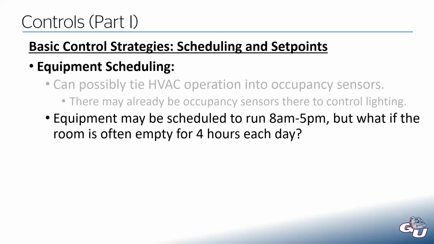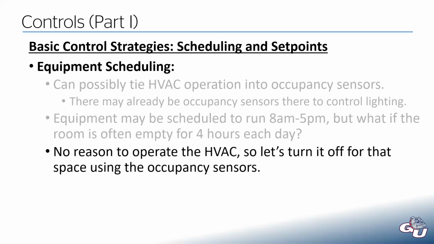Conference rooms are a big example of this. They have big swings where you have really high occupancy and then everybody leaves and you have at least a couple hours where nobody's in the room, and then the next meeting comes in and they use it again. So there could be large chunks of time in the day where it's not being used, and you can turn off the system for those periods with those occupancy sensors.